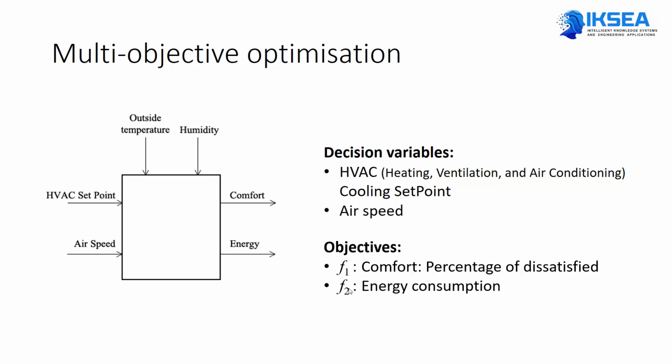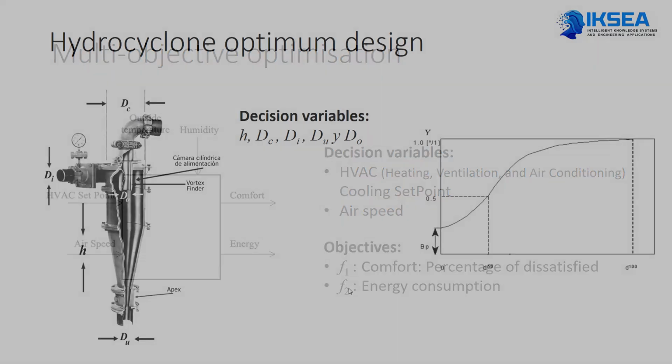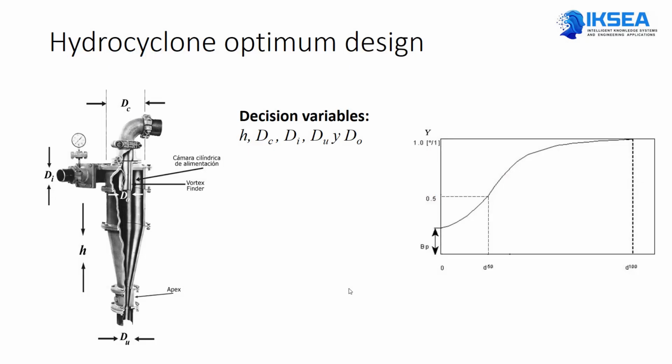First, I want to share an application of multi-objective use in device design. Take, for example, the design problem of a hydrocyclone, which is a particle size classification device for particles entering tangentially into the hydrocyclone. The decision variables are those that define the geometry of this device, heights and diameters, 5 in total.